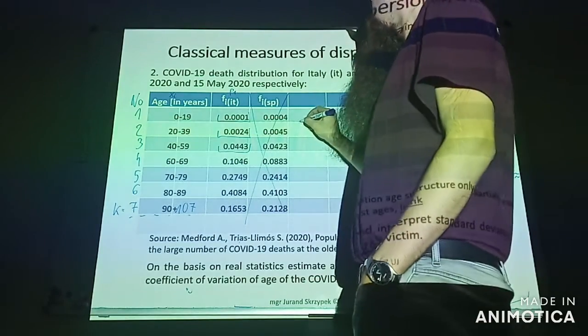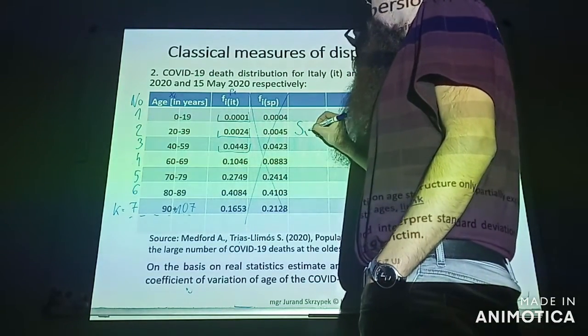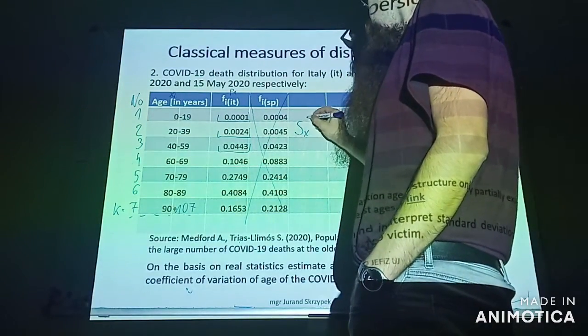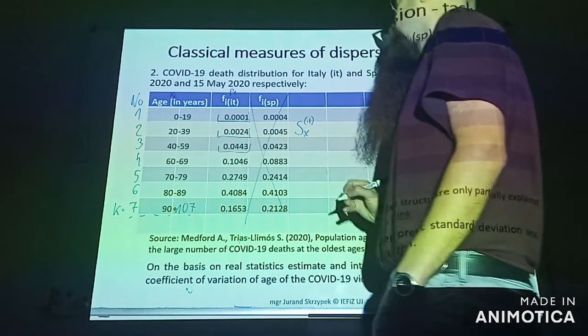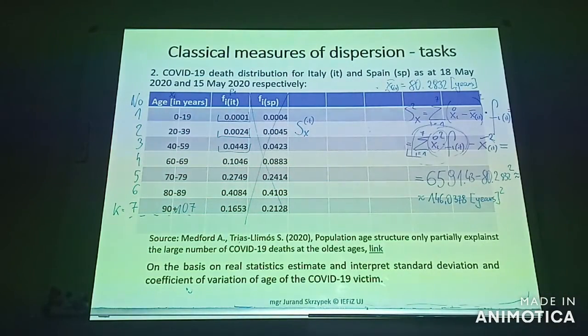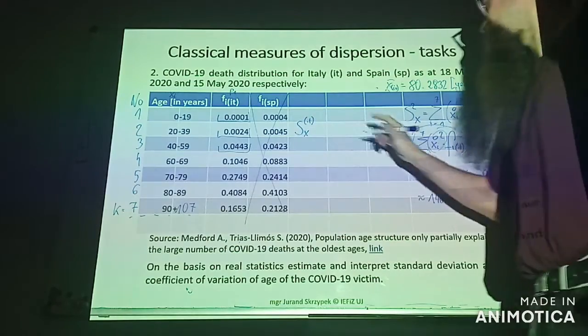And now I am able to compute average deviation of age of Italian COVID-19 victims.